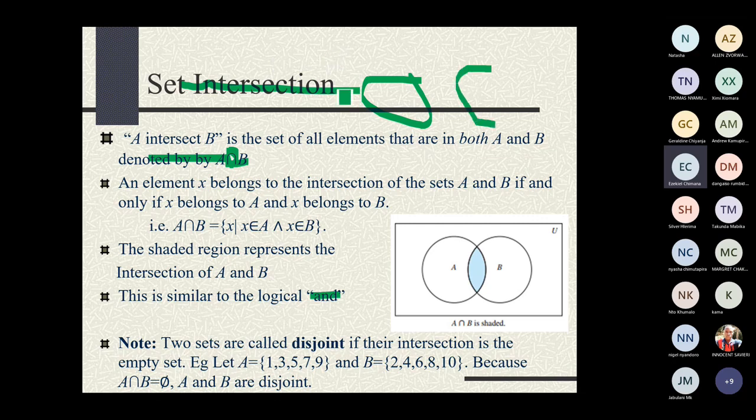We do not have this intersection because they are disjoint. In other words, we do not have elements in A which are also in B. Like here, {1, 3, 5, 7, 9} and {2, 4, 6, 8, 10}. A intersect B is an empty set because A and B are disjoint.